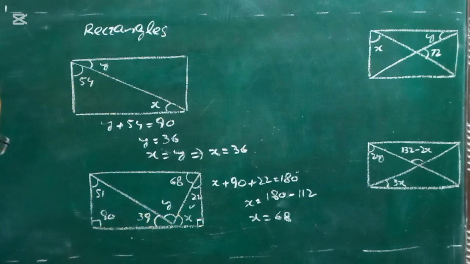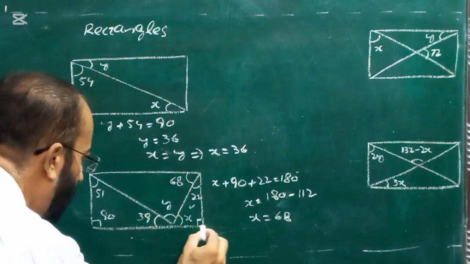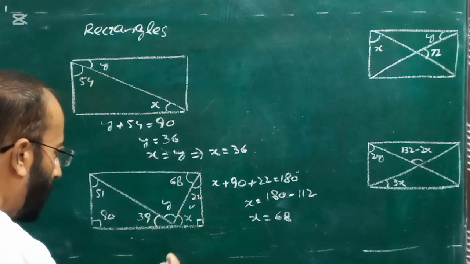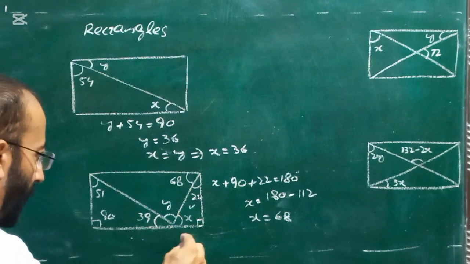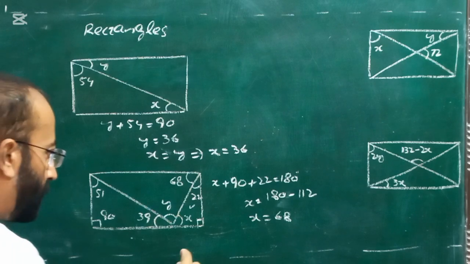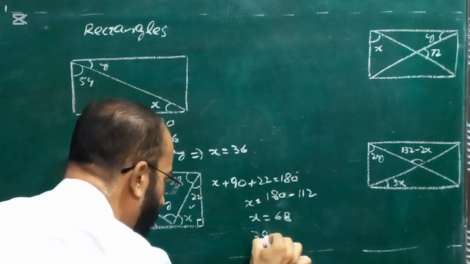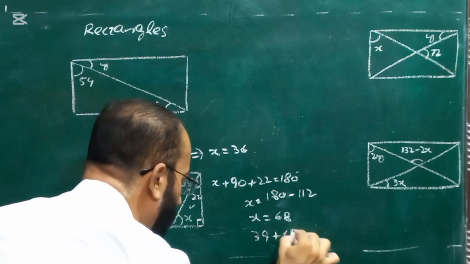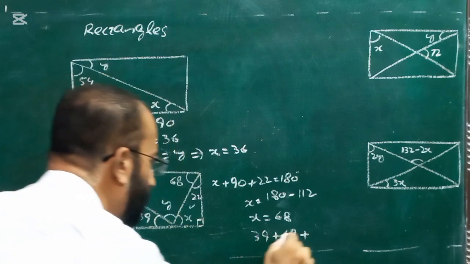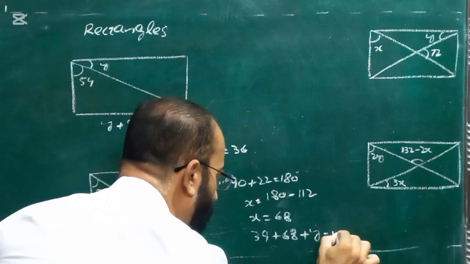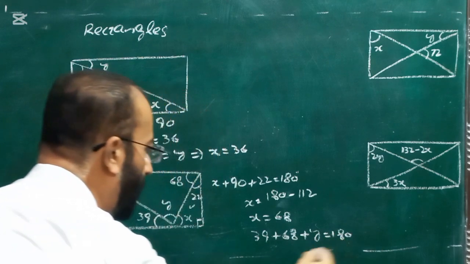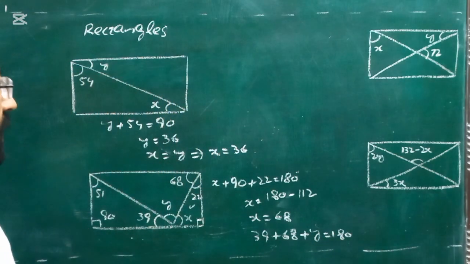And now come to this straight line, because we know the sum of the angles of a straight line is 180 degrees. So 39 plus 68 plus y should be equal to 180 degrees. From here, solve it on the calculator. You will get the answer.